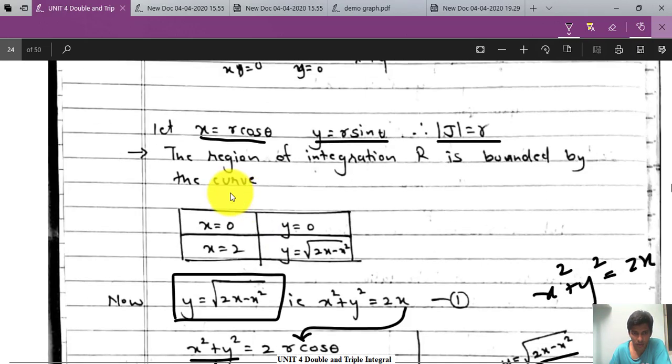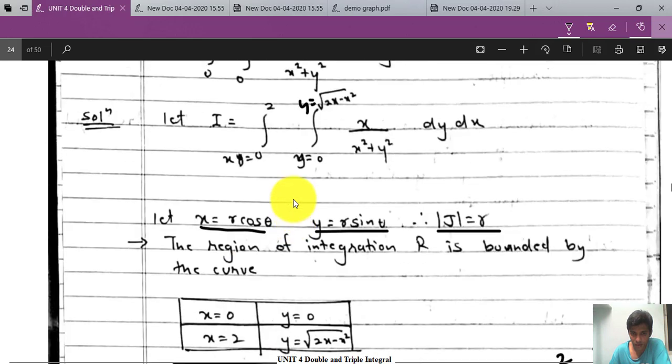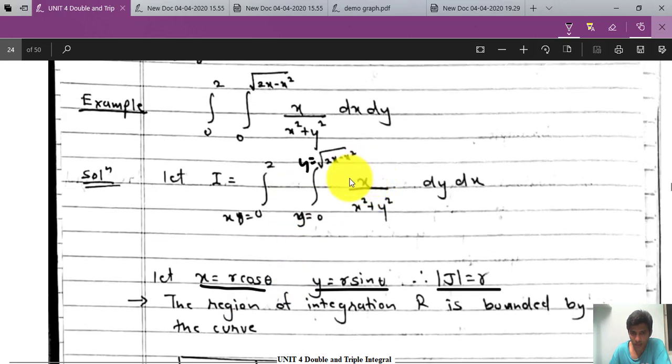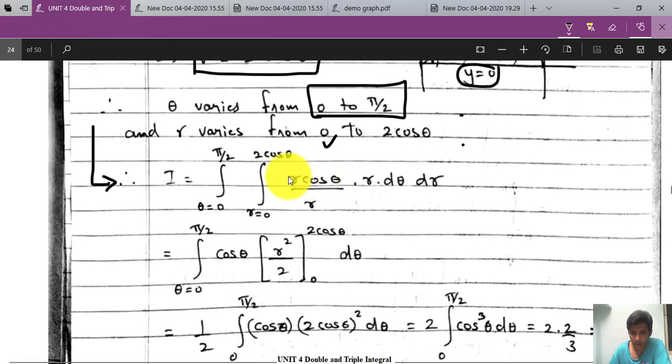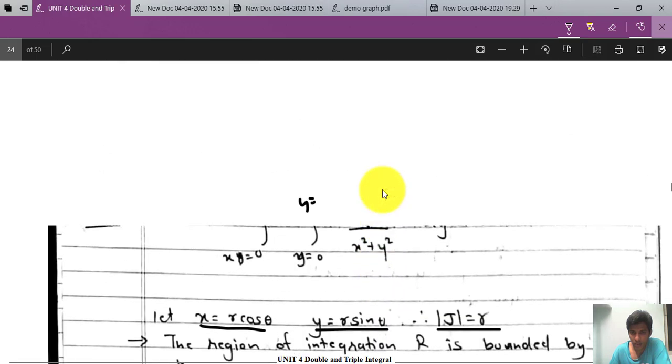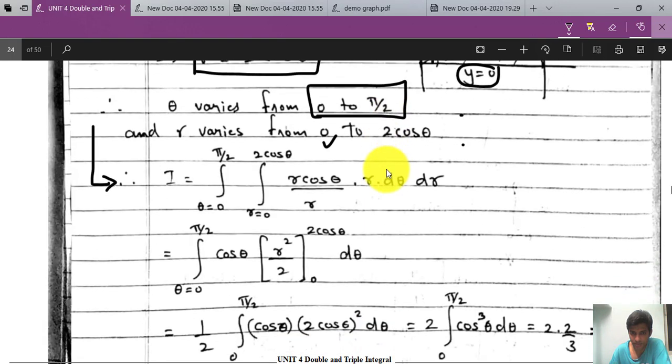Therefore the given integral will be I is equal to, with r ranging from 0 to 2 cos theta, and theta ranging from 0 to pi by 2. See here the given expression. x can be written as r cos theta, and x square plus y square can be written as r square.